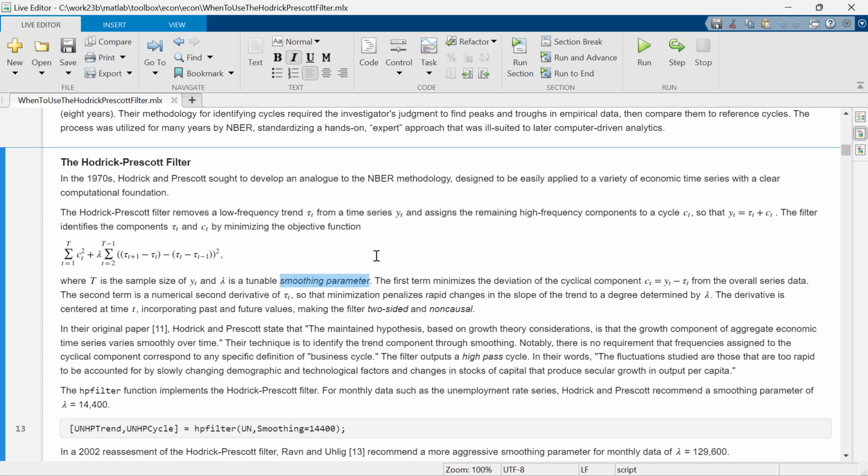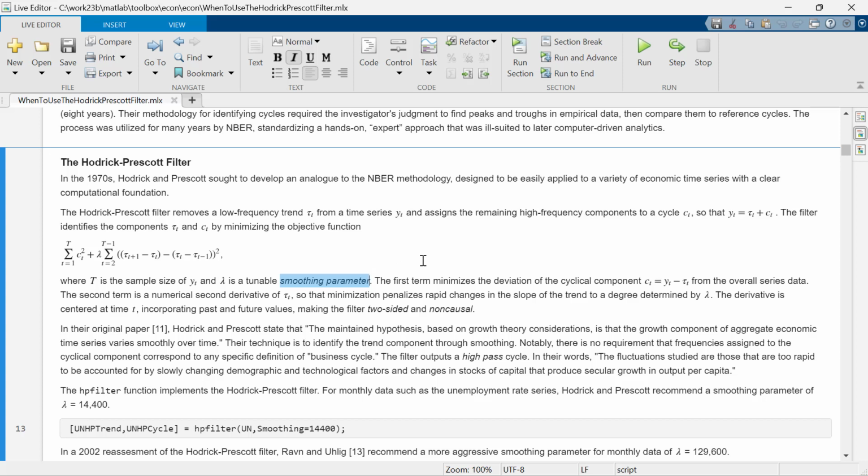And one of the controversies about the Hodrick-Prescott filter that generated a lot of discussion was, how much smoothing do you do to get an accurate representation of the trend? What is the correct way to set this smoothing parameter in order to extract the trend component and get the cyclical component out? And a lot of discussion has gone into that over the years about appropriate smoothing parameters.